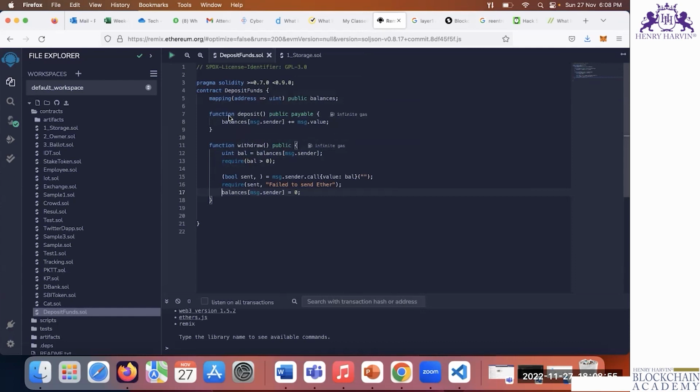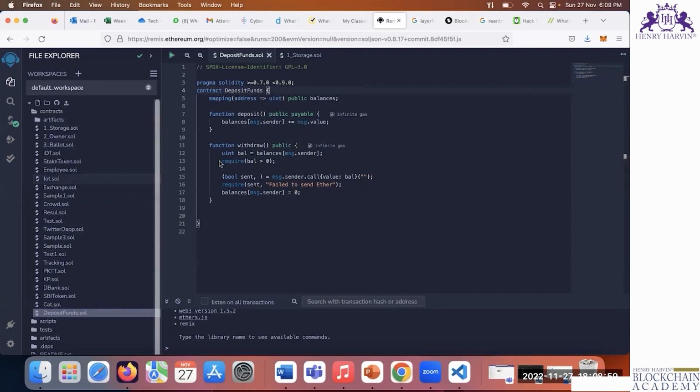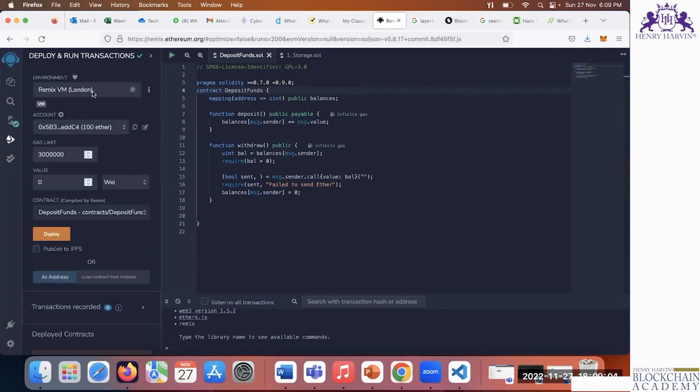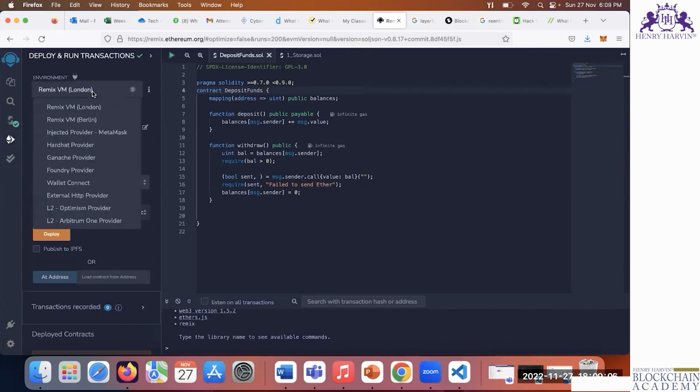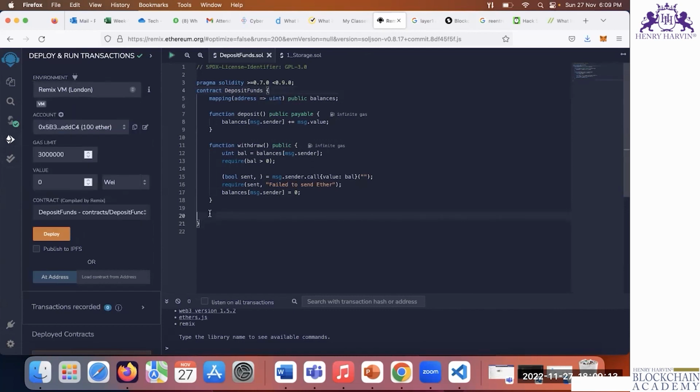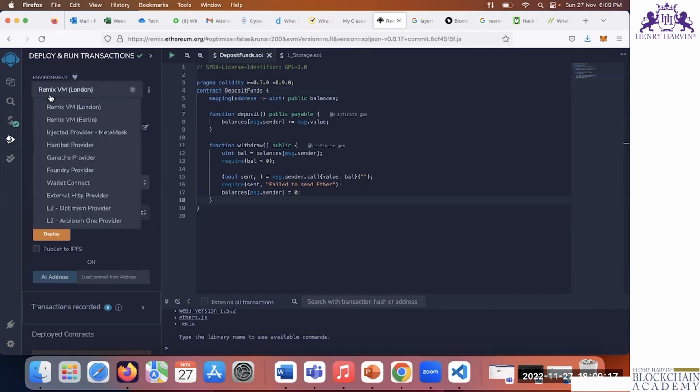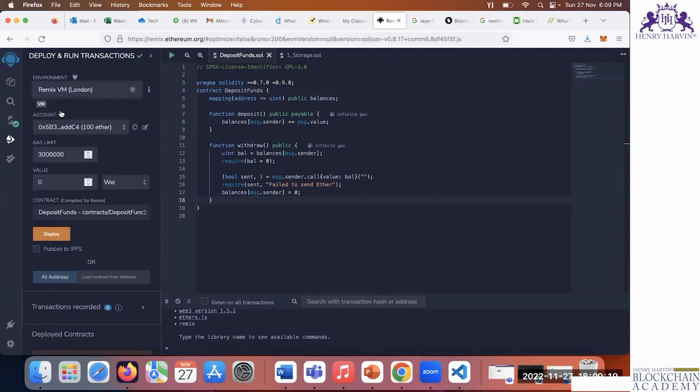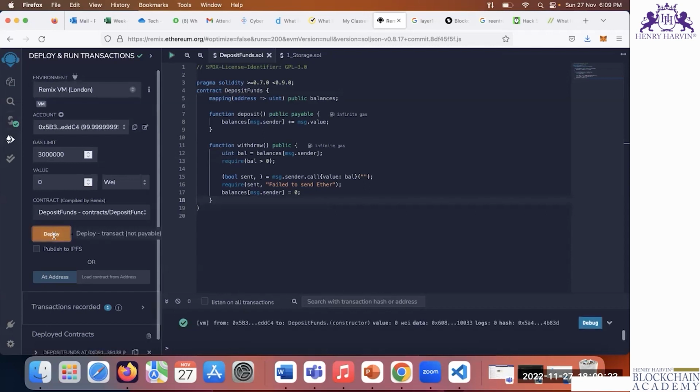Assume that this DepositFunds smart contract, first of all, I deploy it. I am going to deploy this smart contract on the browser local blockchain. Okay, I am going to deploy it, DepositFunds.